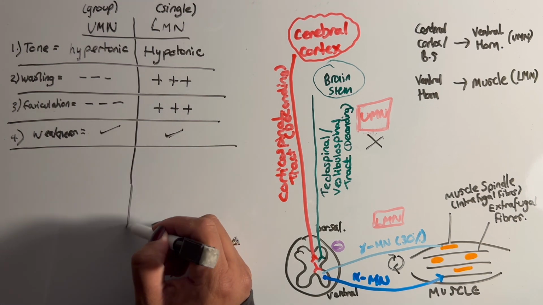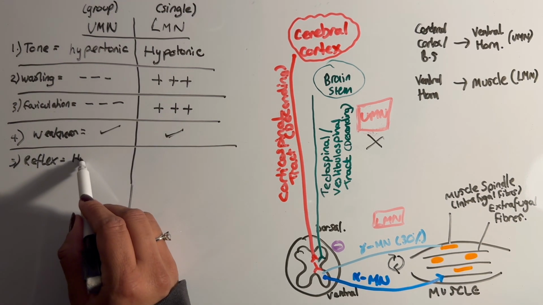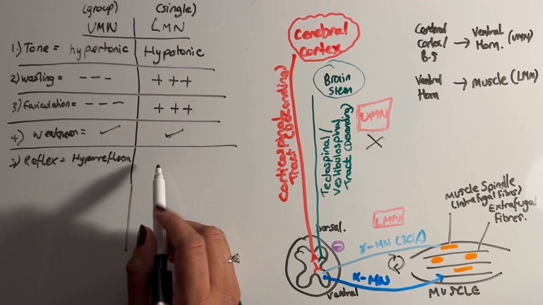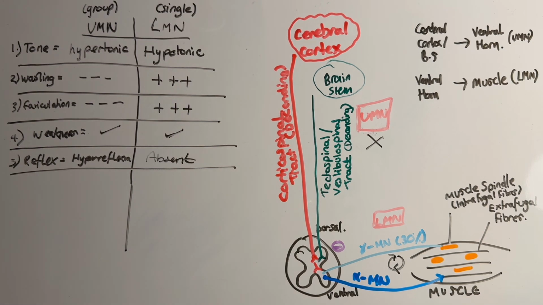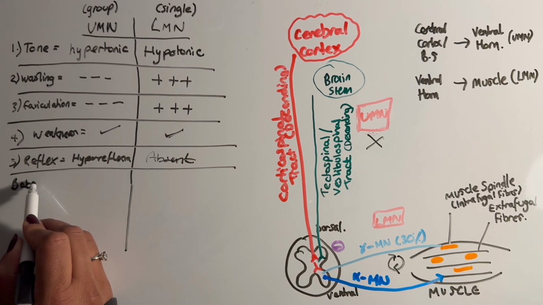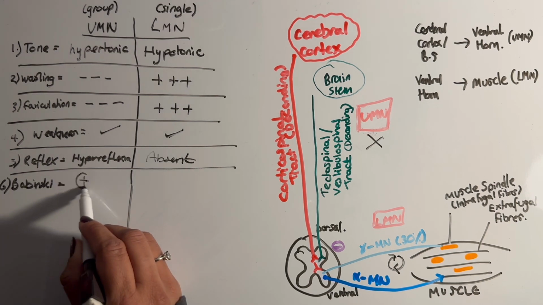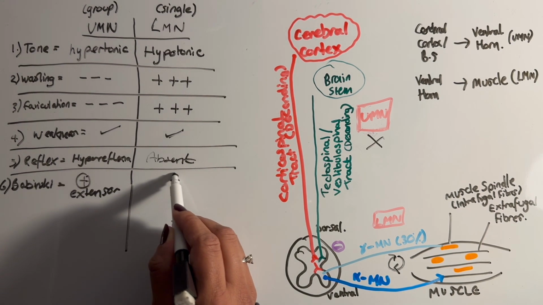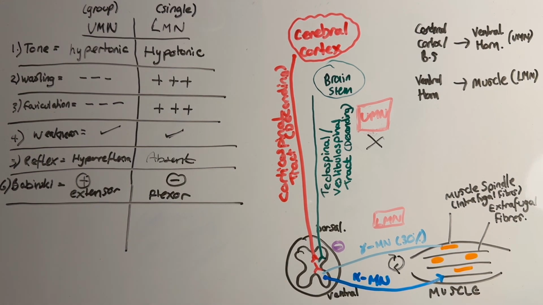And with the reflexes, in upper motor neuron lesions there is hyperreflexia. Now, with regards to the Babinski sign, in upper motor neurons it is positive, whereas in lower motor neurons it's negative, so it's said to be a flexor. And basically, flexor means that it's not elicited.